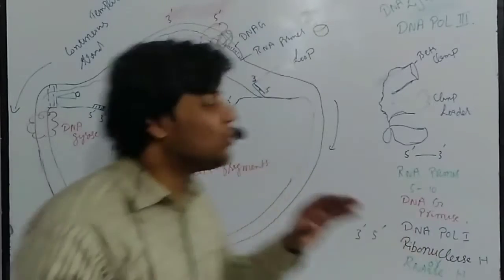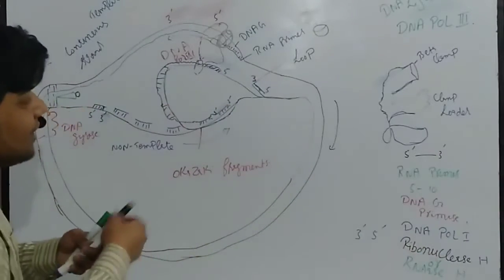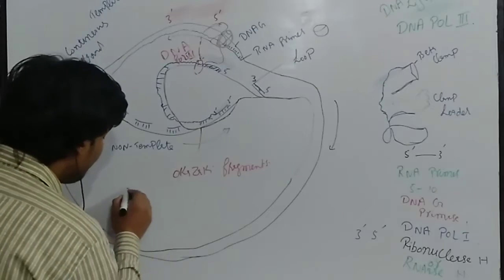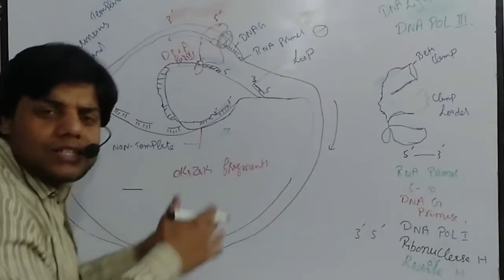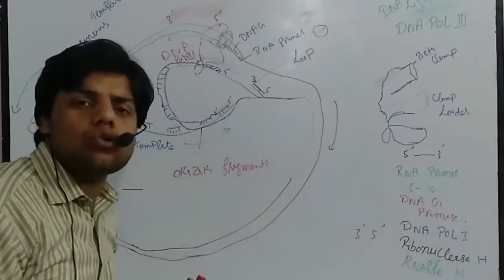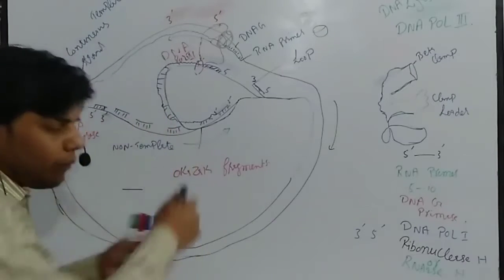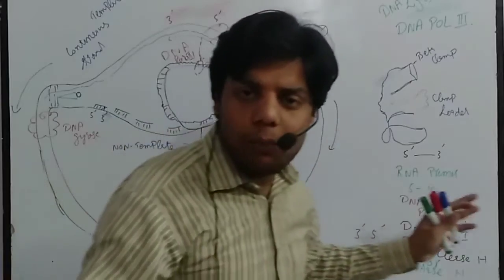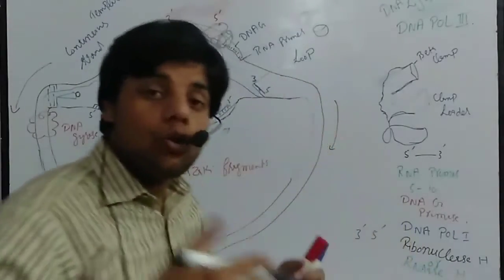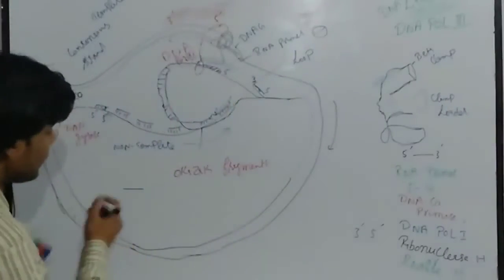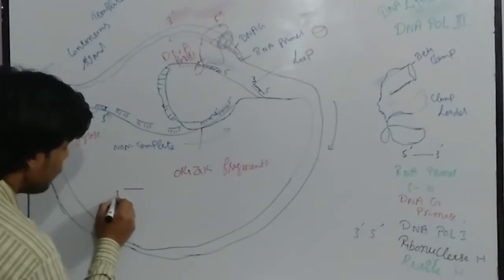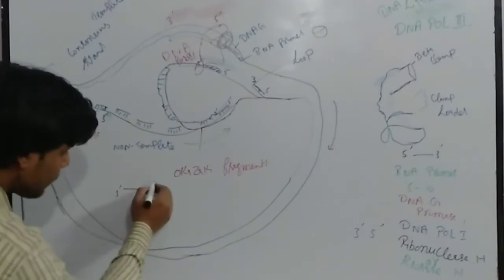The primer is also added in the same direction. But when the elongation process is completed, you will see that the lower strand is actually synthesized in the 3' to 5' direction.